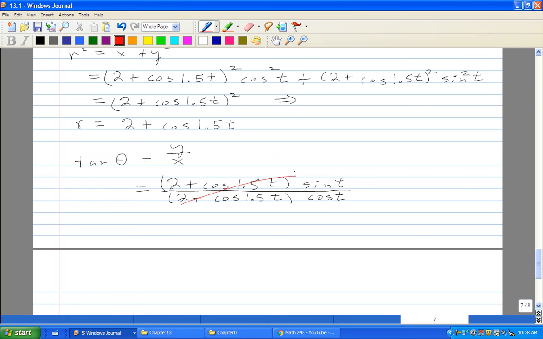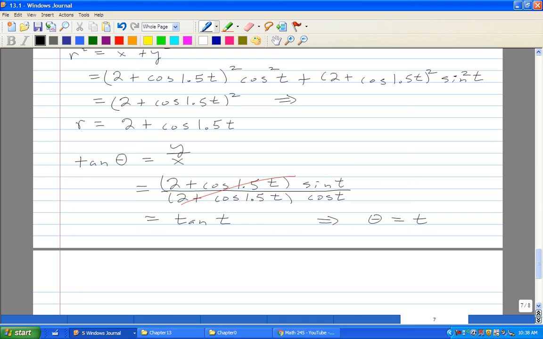The 2 plus cosine 1.5t terms cancel. So you just get sine over cosine, which is tangent. And so this says that theta is equal to t, so long as you are restricted between, let's say, 0 and pi.